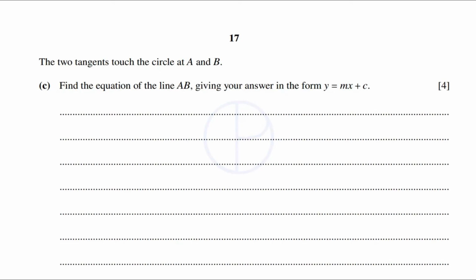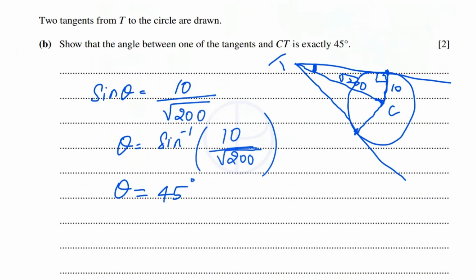The next part of the question is, the two tangents touch the circle at A and B. Find the equation of the line AB, giving your answer in the form y is equal to mx plus c. So let me mark this as A and B. So the angle here is 45.